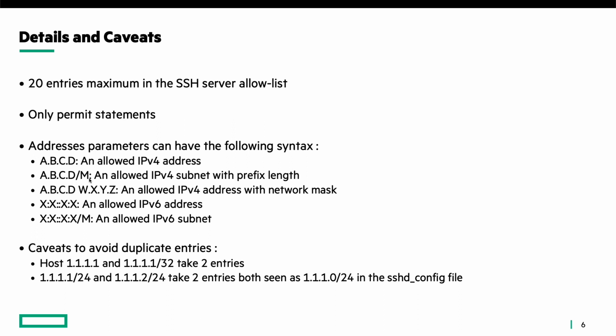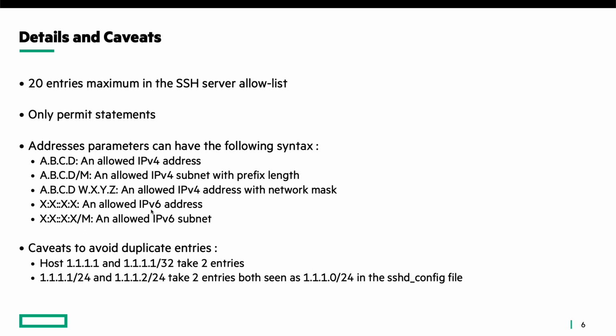In the second line, we can specify a subnet with a prefix length, or you can also specify a network mask with 255 integers, for example, or you can also specify an IPv6 subnet with the prefix length.